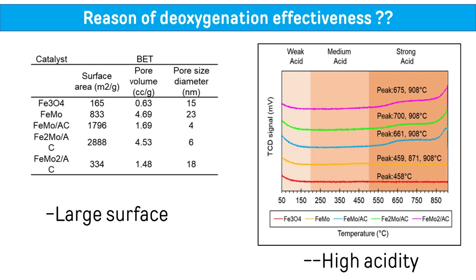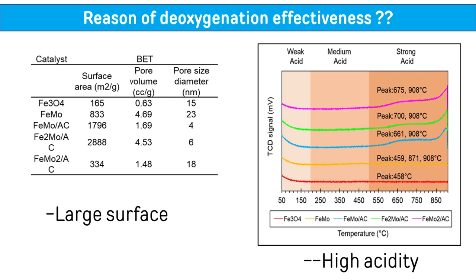Note that pure magnetite catalyst only possesses a surface area of 165 meter square per gram, whereas the surface area for FeMo supported on activated carbon reaches up to 1700 meter square per gram.